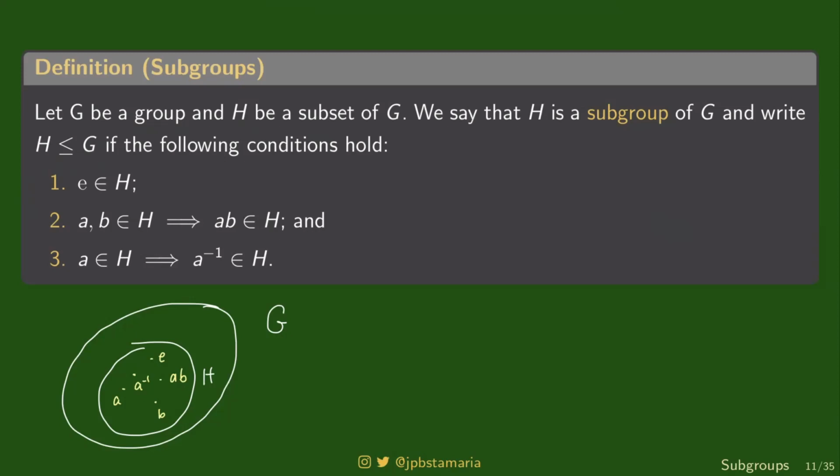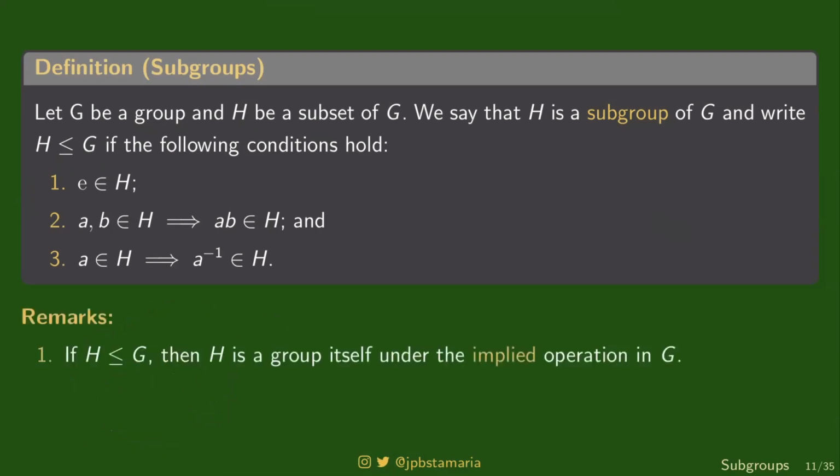Did you understand? Now, before I continue, let me tell you as a remark that under this definition, if H has these three properties, then you can say that H is a group itself under the implied operation in G. What does that mean?